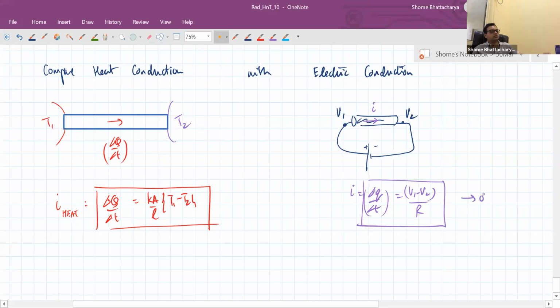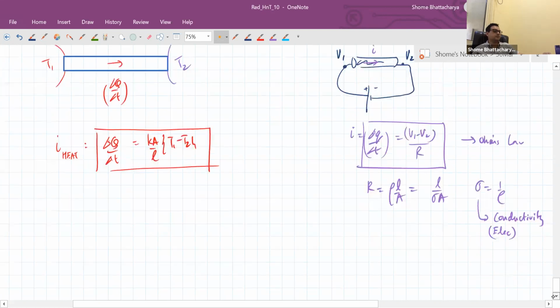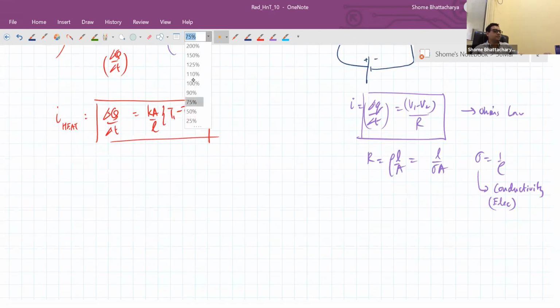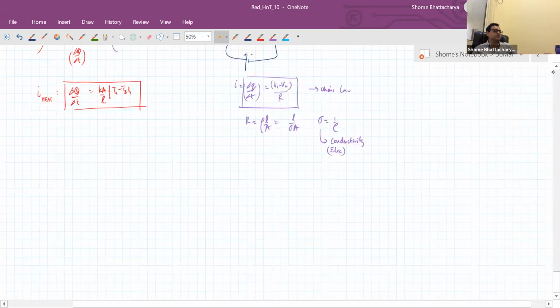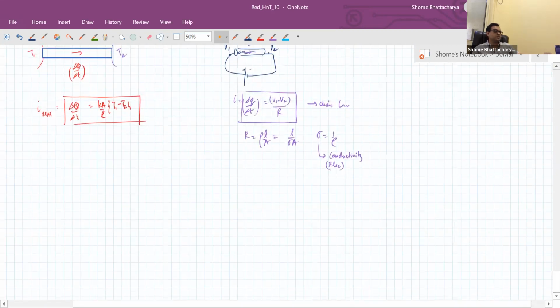This is our Ohm's law. Where resistance is rho L by A or L upon sigma A, where sigma is electrical conductivity. Okay. So comparing these two equations, we can see that it's a perfectly analogous situation.